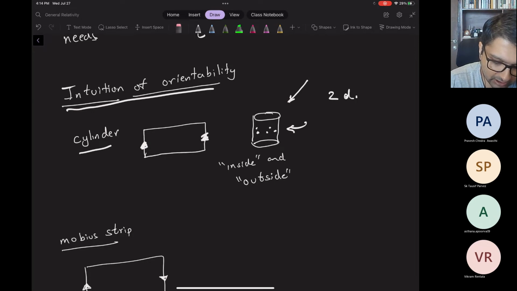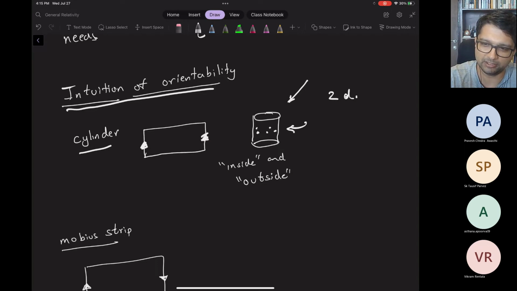So a cylinder has, you can think of it by embedding it in 3 dimensions, a well-defined inside and a well-defined outside. Of course, an ideal cylinder is only a collection of points, but if you take a sheet of paper and imagine doing this, then there's an inside of the paper and an outside of the paper, and these two are well separated notions.